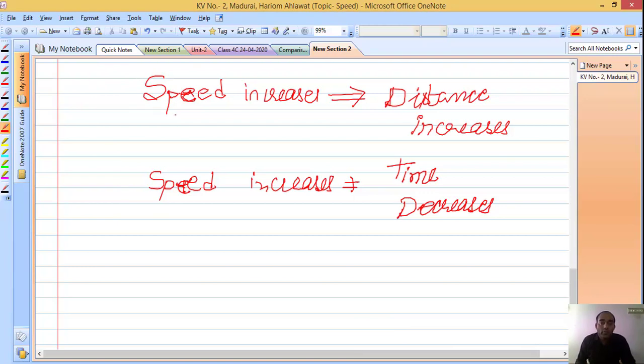Okay, so now you can see with the last two examples, when the speed increases, distance increases. When the speed increases, time decreases.